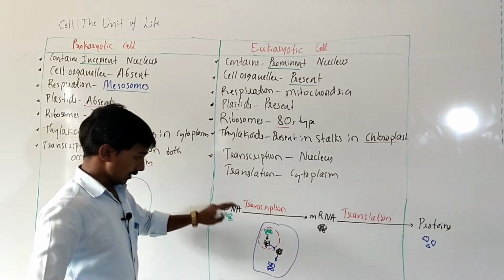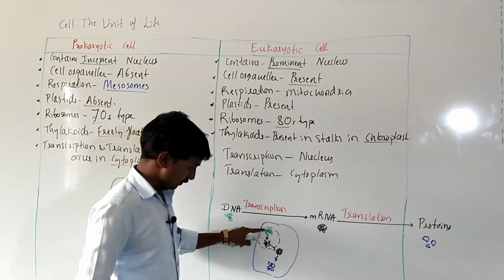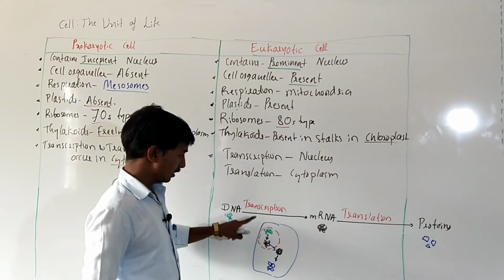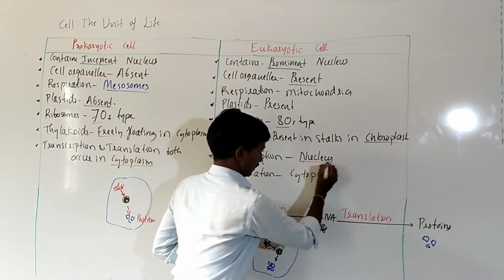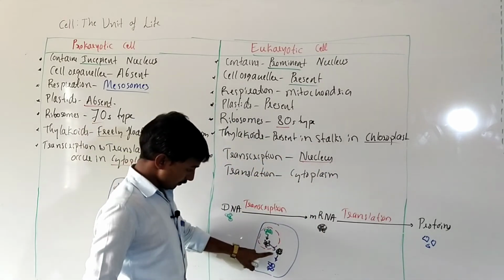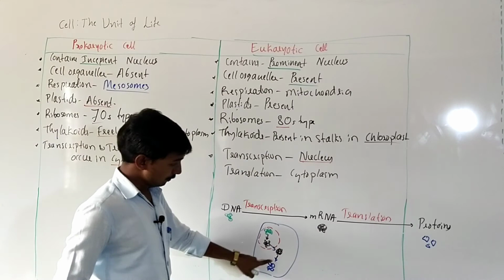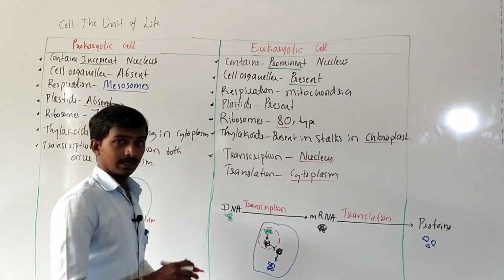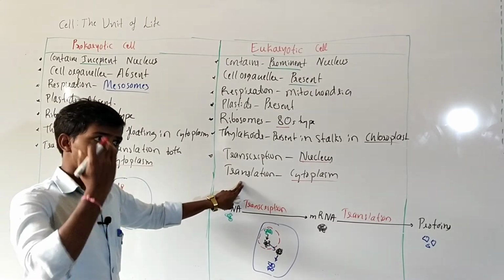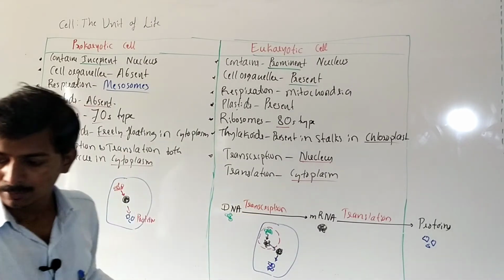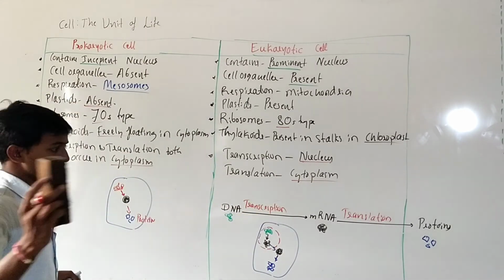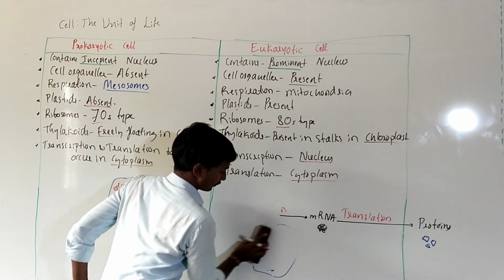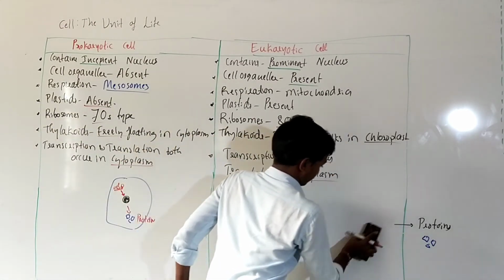But in eukaryotes, DNA converts into mRNA, the process of transcription, inside the nucleus, and mRNA converts into proteins, translation, inside the cytoplasm. We will discuss this concept again in second PUC, in molecular basis of inheritance. Next difference.